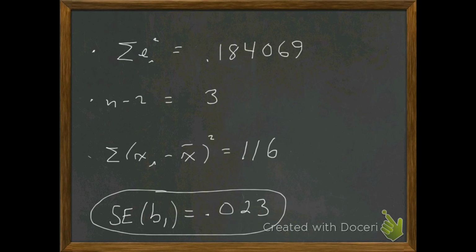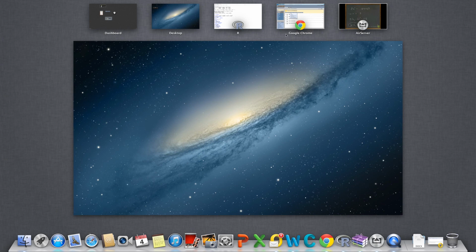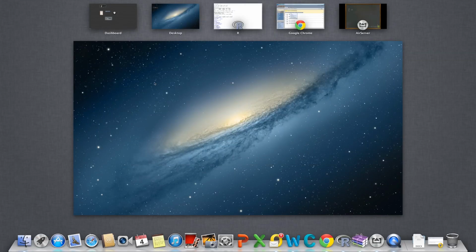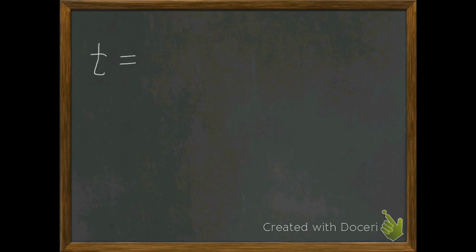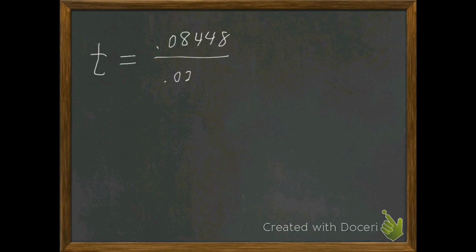First thing I want to do is calculate our test statistic. Our beta was 0.08448, divided by the standard error, which is 0.023.